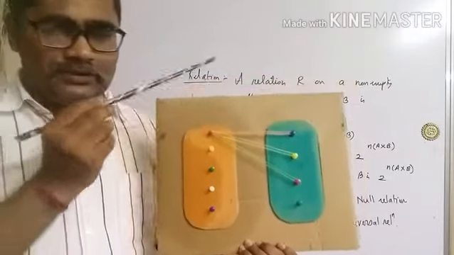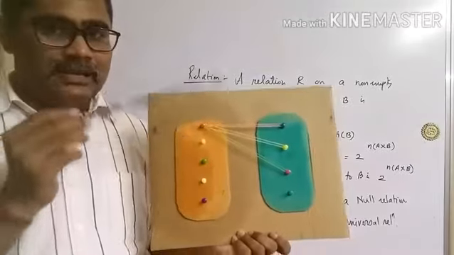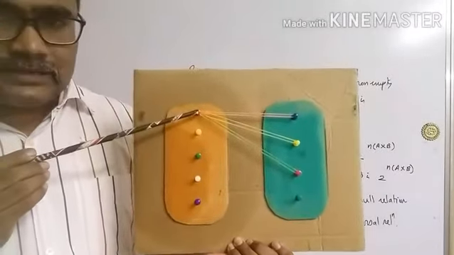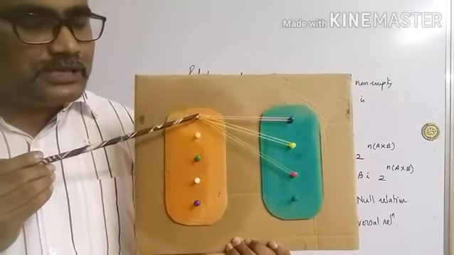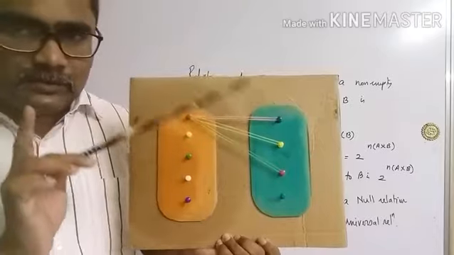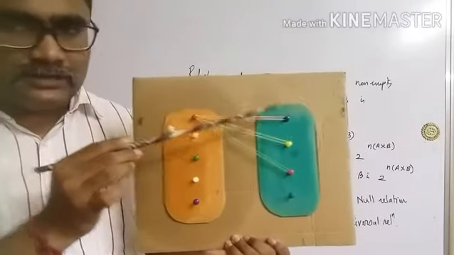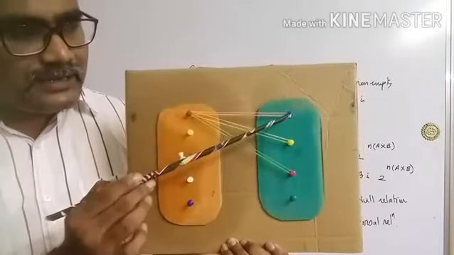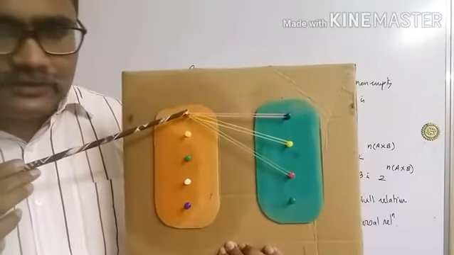Once we draw an arrow in the figure, we call it an arrow diagram. Then this element is known as the pre-image of this. For this also, I am just taking one ordered pair. It is related to this. So this is the pre-image of this one, and this is the image of this element.